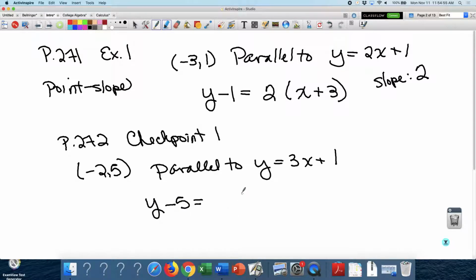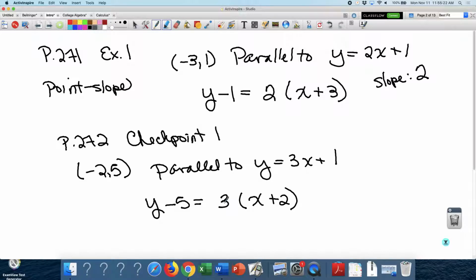We're going to leave a space for our slope, x minus x1. So if it's parallel to y equals 3x plus 1, it has the same slope as y equals 3x plus 1. So what is the slope? 3.